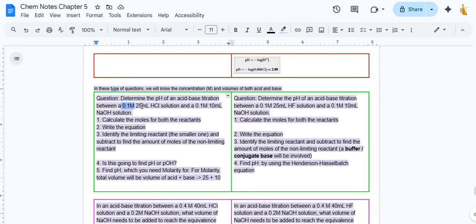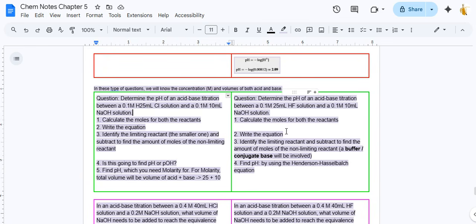So you're given 2 molarities and 2 volumes, and it asks you to determine the pH of the acid-base titration between these two.